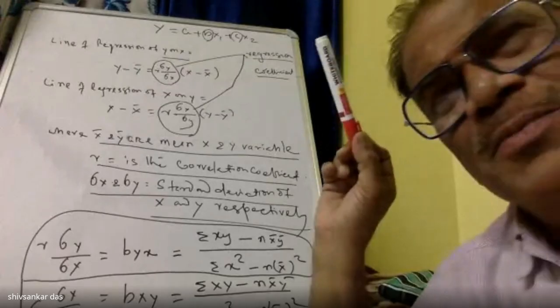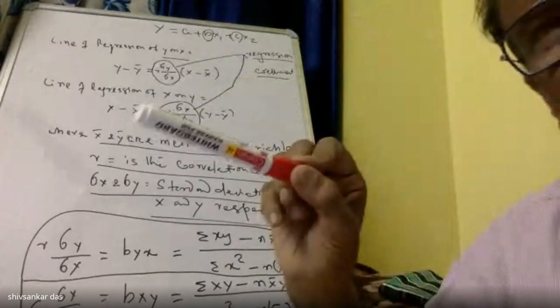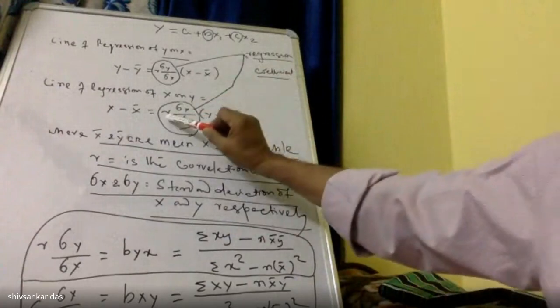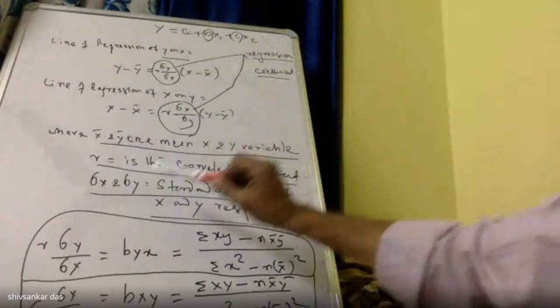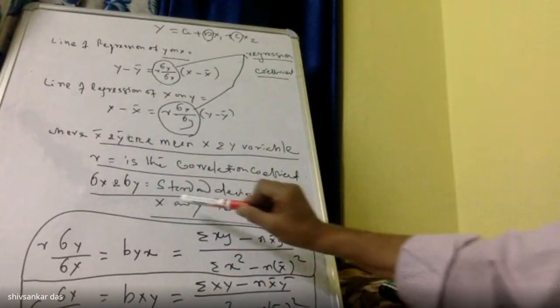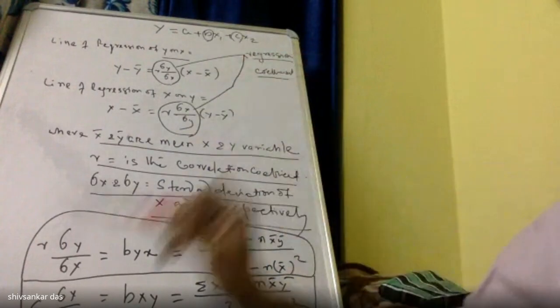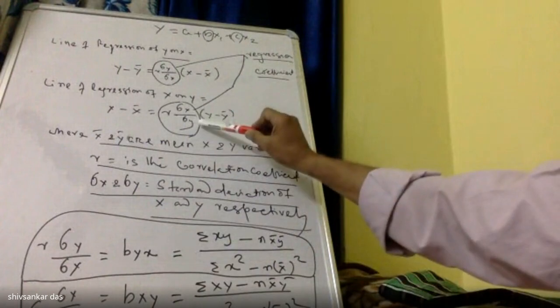Yesterday I gave the formula for the coefficient of correlation and made some calculations also. Some examples have already been given. Sigma x and sigma y are the standard deviation of x and y respectively.